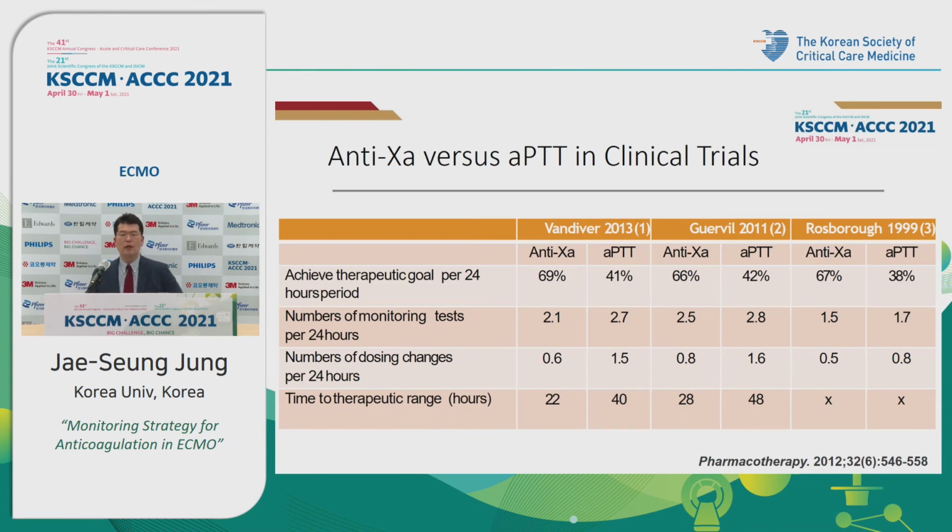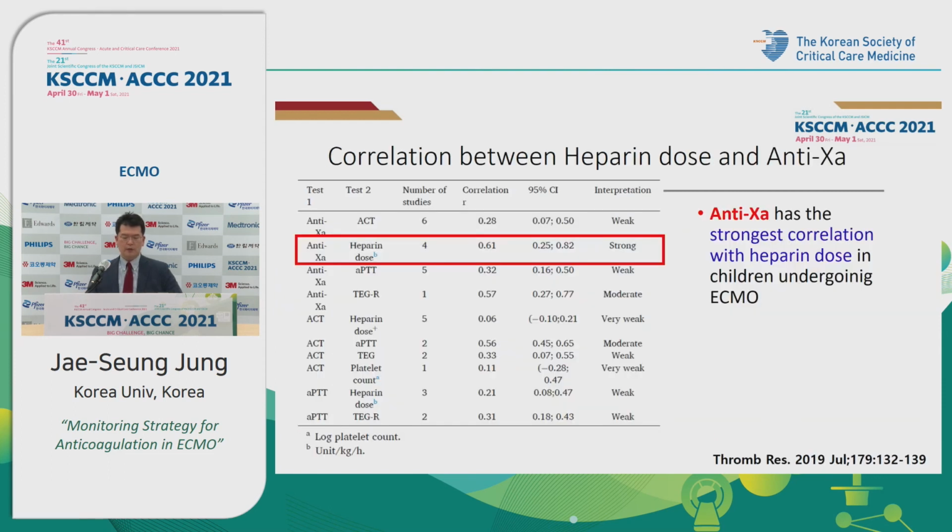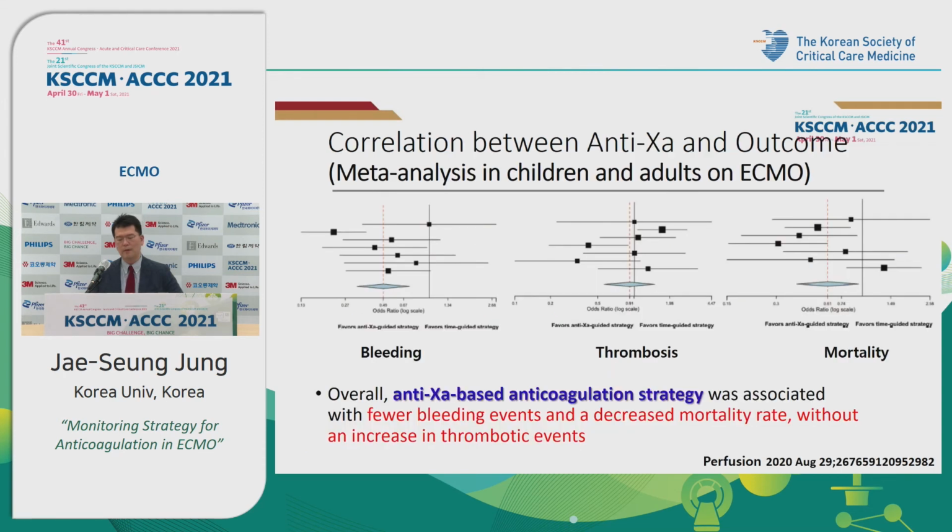This meta-analysis, which includes the previous study, was published in 2012, and it showed a similar result. It showed anti-10A has the strongest correlation with the heparin dose in children undergoing ECMO. It's the same result as the previous papers.